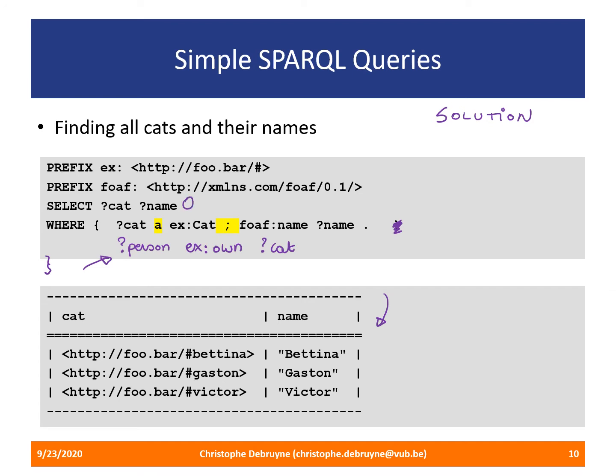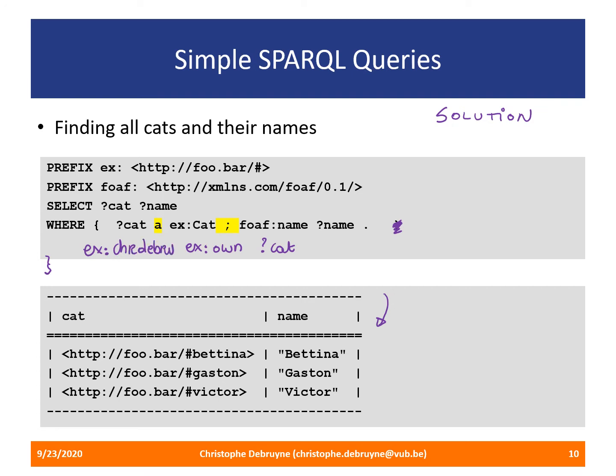But this demonstrates that you can actually look for patterns with a variable that you're not using here. Now, I did almost make a mistake and I said, well, I'm looking for the cats owned by Christophe. You can also specify that. You can state that you are looking for a specific resource in that pattern, and in this example, that would have been x:Christophe.